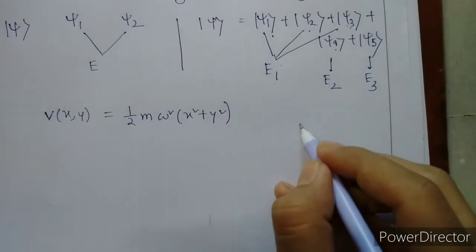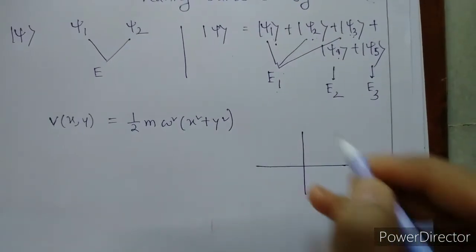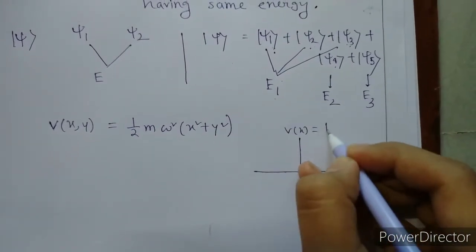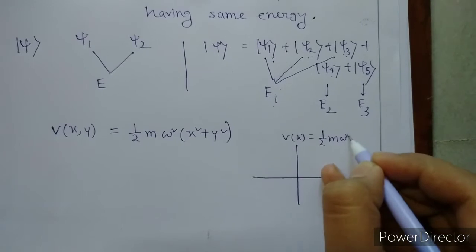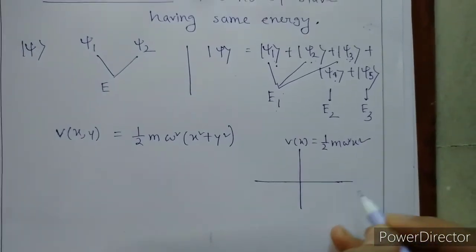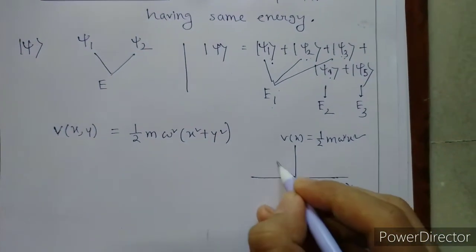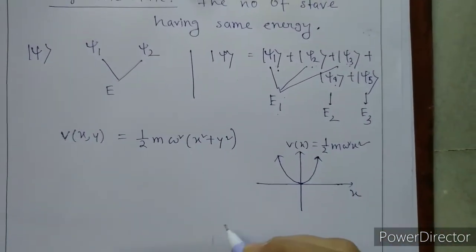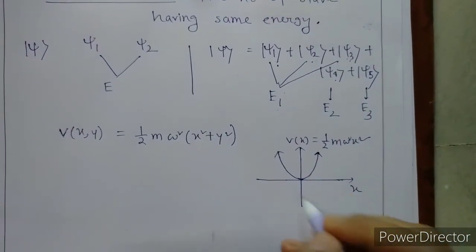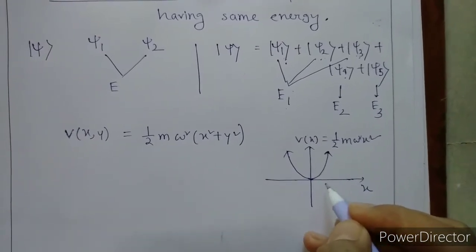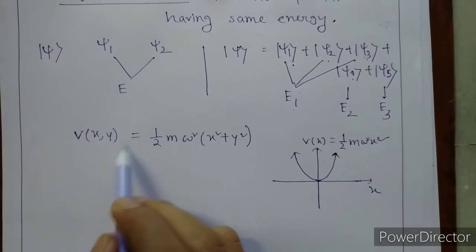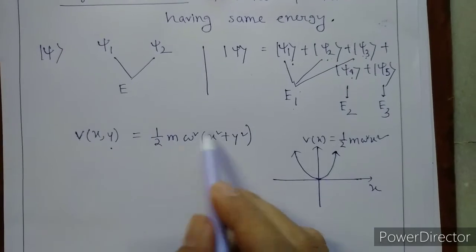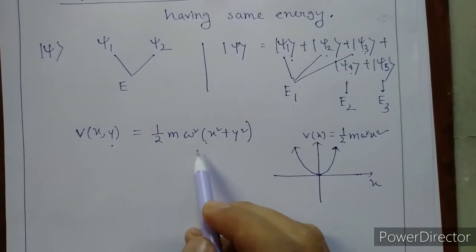For 1D harmonic oscillator, we know V(x) equals half m omega square x square, and if we plot this, we get a curve something like that. Okay, so it is for 1D harmonic oscillator, but in this problem the potential is a 2D harmonic oscillator potential.